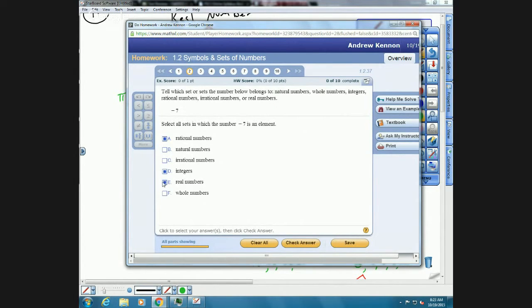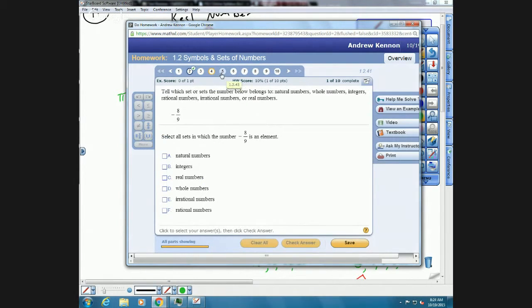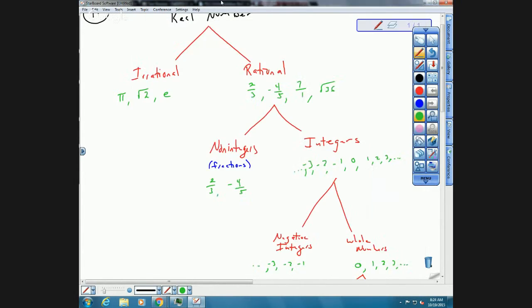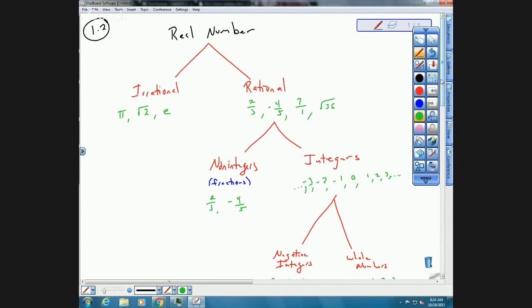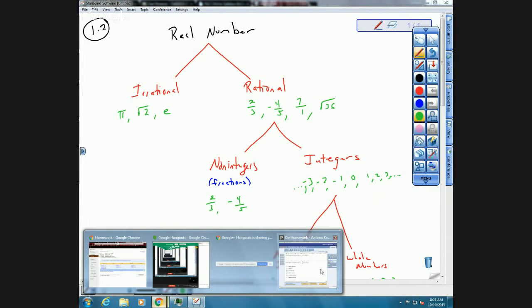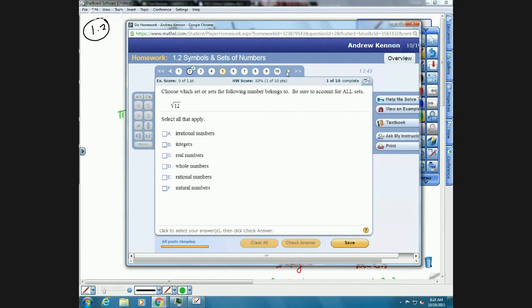Since it fits under that entire umbrella, you have to count all those. So all right, what about -8 over 9? Where does it fit? Rational, so the only thing it can be is rational and real. And that's pretty much all that section is.